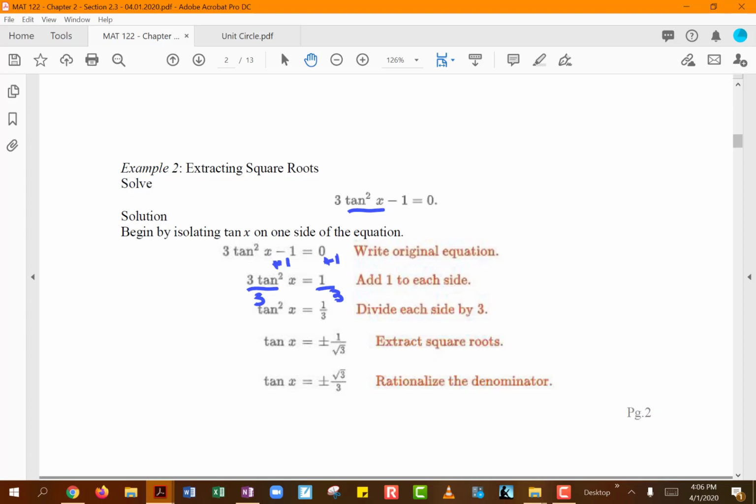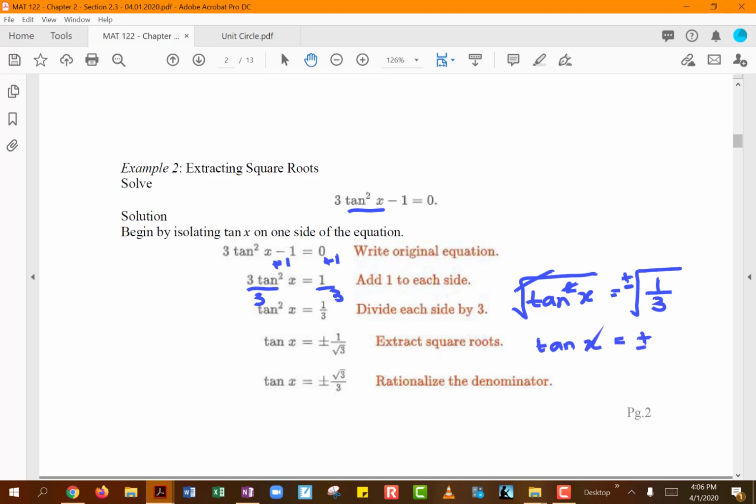We've got tangent squared of x equals 1/3. So to get rid of that square on our tangent function, we're going to have to take square roots on both sides. And anytime you do a square root, you get one positive and one negative root, right? So your square and square root will cancel out, leaving you with tangent of x.